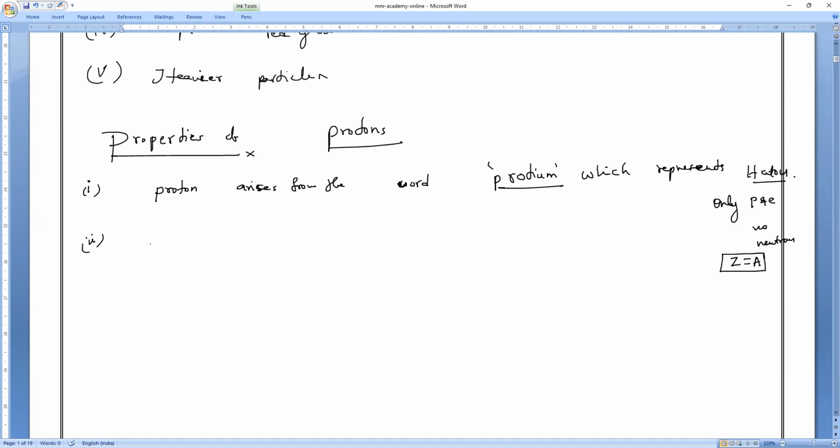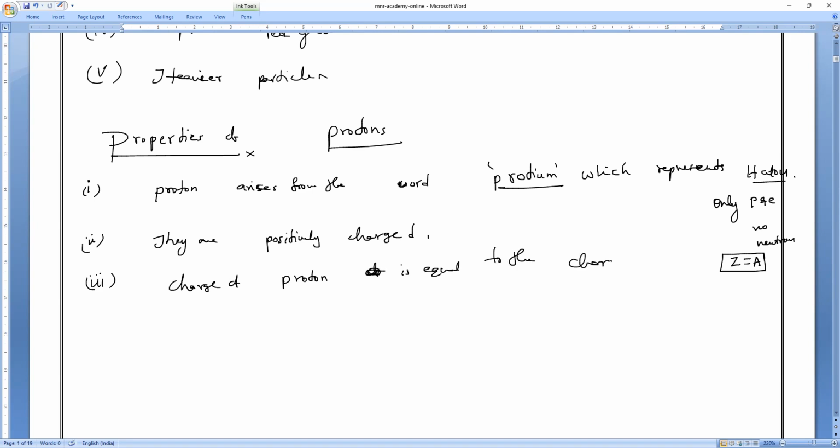Next, they are positively charged. Next, the charge of a proton is equal to what? Everybody. The charge of a proton is equal to the charge of an electron.